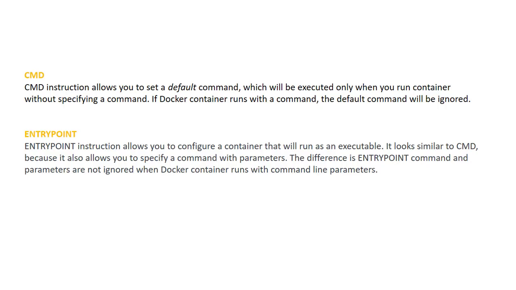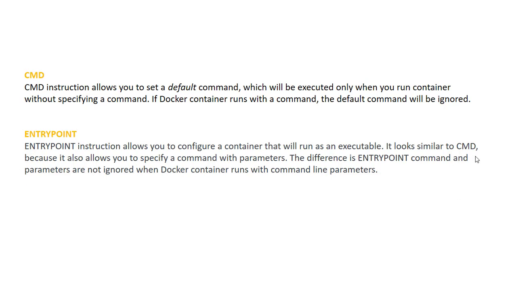There are two options for that. One is to use cmd, where you define the default command. The other one is to use the entry point, where you define the application that should run when you run that container. The difference between defining a command in the image and the entry point is that when you define a command, you can override which command it runs when you run the container.